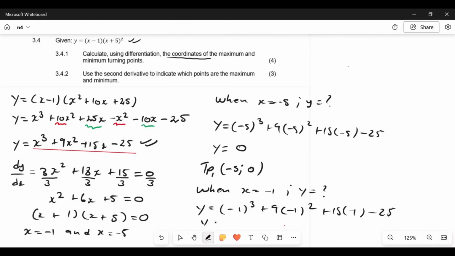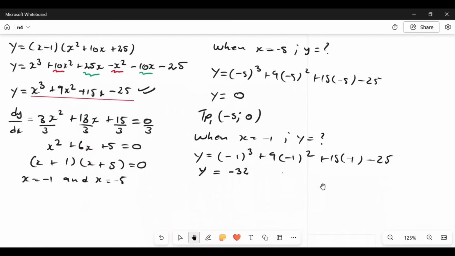So all in all, if I put this in our calculator, I am getting -32. There we go. Let me create space here so that we can solve this further. Right, so turning point number 2, we have the following. When x is -1, our y is going to be -32. There we go. So I hope you guys can see this.